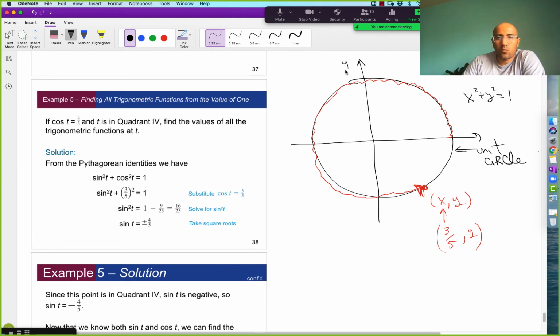Right, this is y up there, this is x over here. So if we replace it there, 3/5 squared plus y squared must be 1.